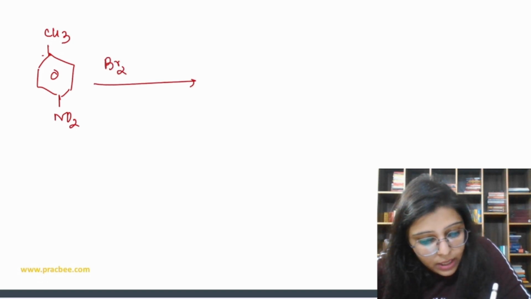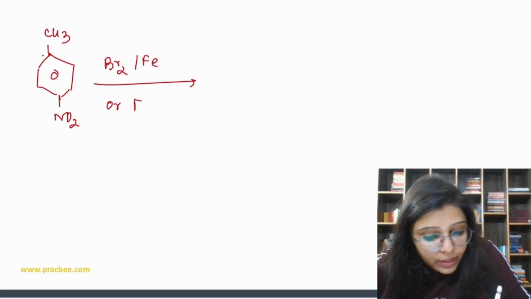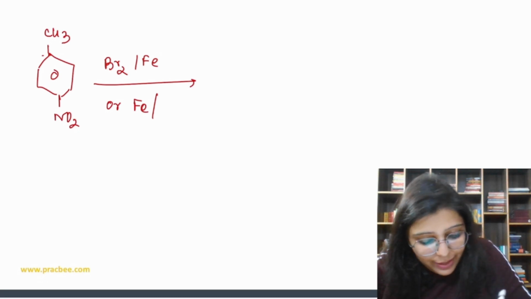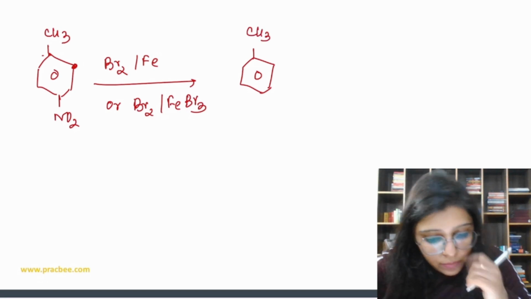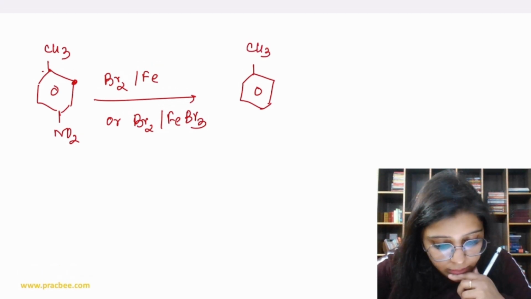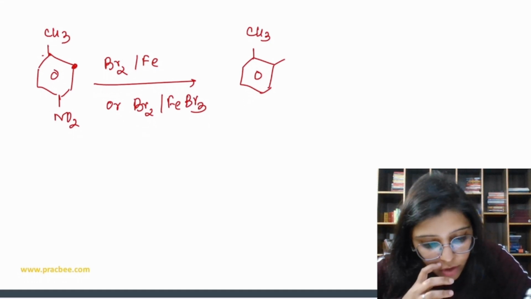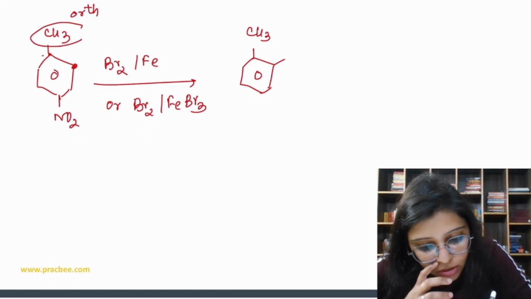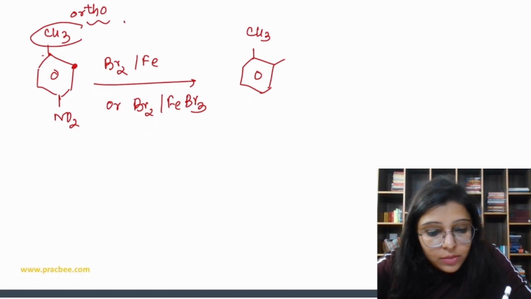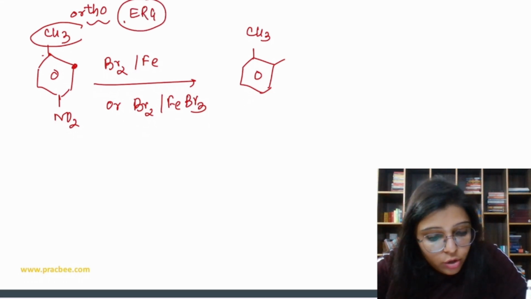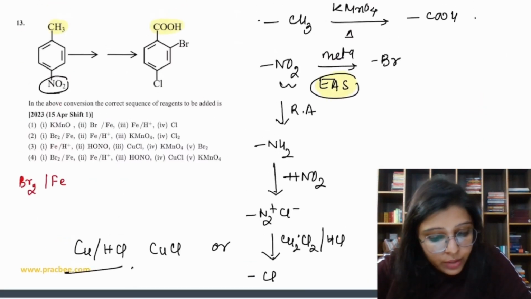So in the presence of Br2 with FeBr3, at the meta position we will have electrophilic aromatic substitution. Or we can say ortho position to this, right? Ortho position to this. So electrophilic aromatic substitution happens with respect to the electron releasing group. So at the ortho position we get Br.